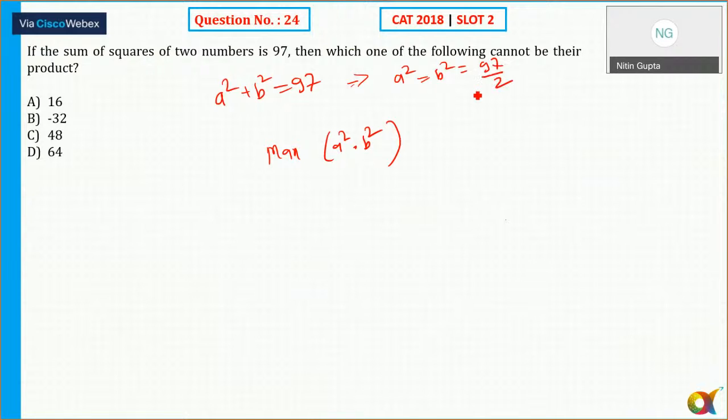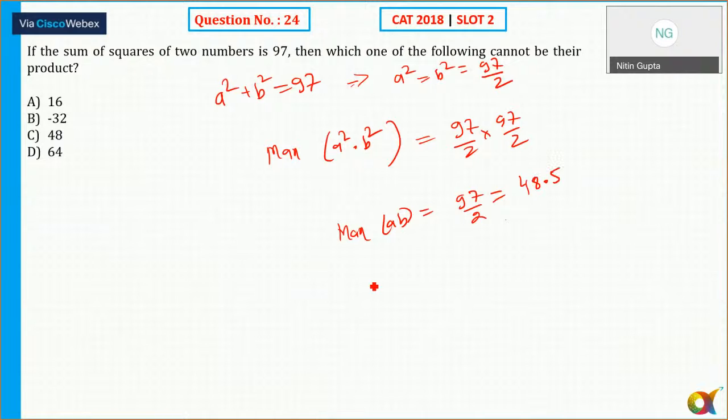it means A square is equal to B square, and I'll take both of them as 97 by 2. Okay, both of them are 97 by 2. So the maximum value of A square B square is 97 by 2, taking the square root. And what is 97 by 2? 2 4s are 8, 2 8s are 16, that is 48.5.